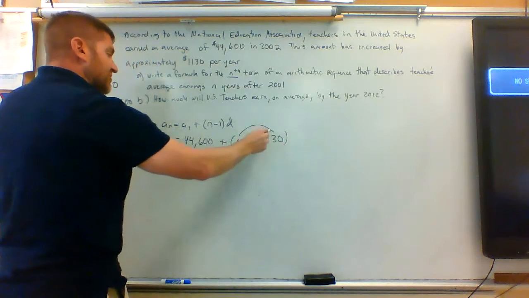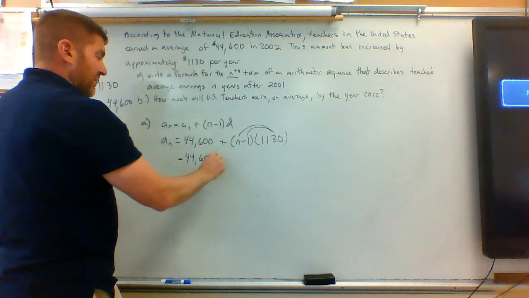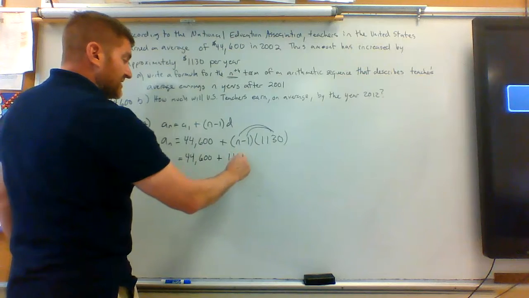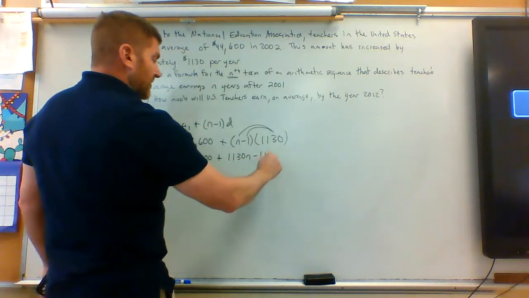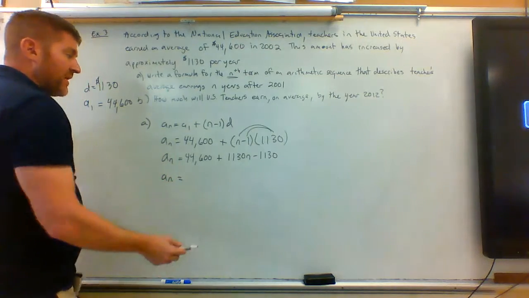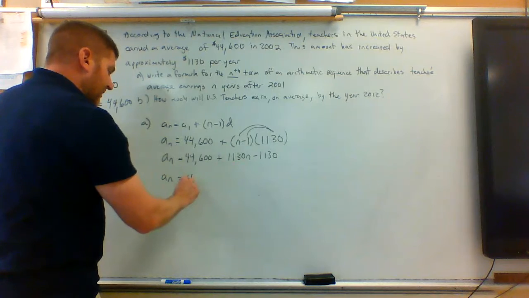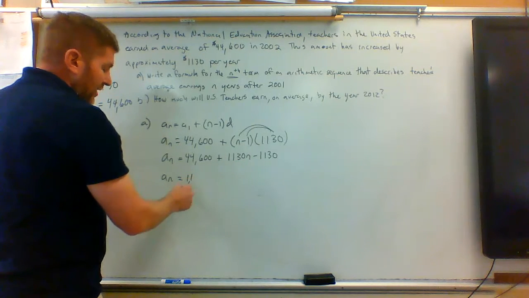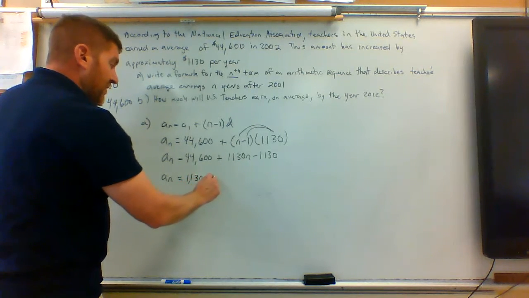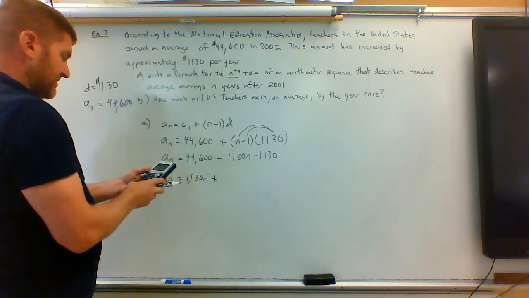So I'm going to first distribute this and go 44,600 plus 1130n minus 1130. So to find that nth formula, I usually write it in slope-intercept form. So I'll write the $1,130n plus whatever 44,600 minus 1130 is.